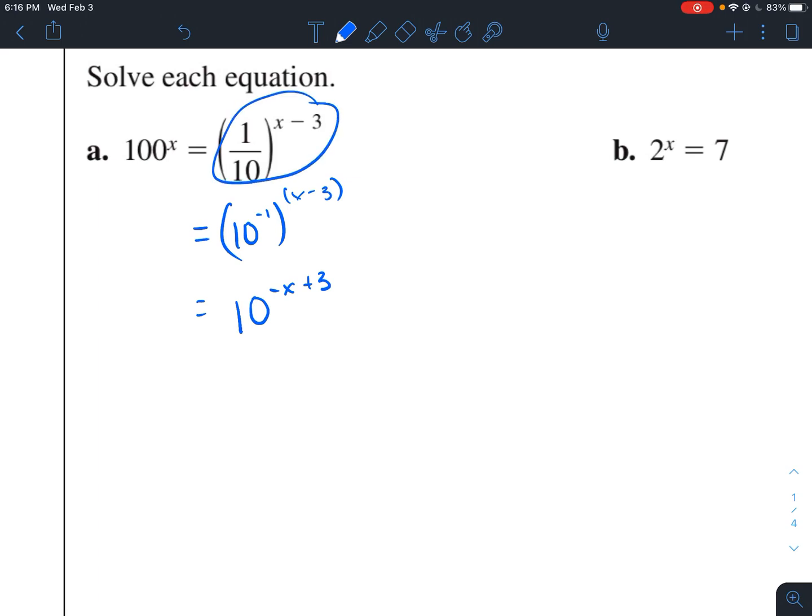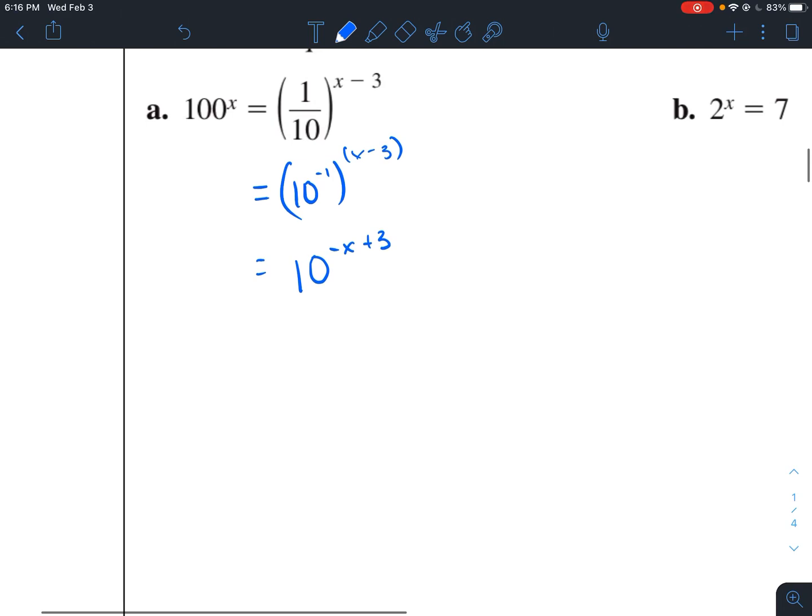I've manipulated this side, but I haven't changed its value. I just manipulated it to have a different base. These are still equivalent statements. On the left side, we have a base of 100. Is there any way to manipulate this to have a base of 10?